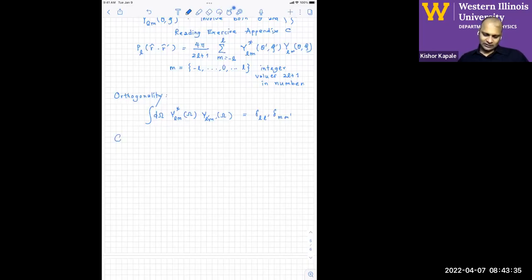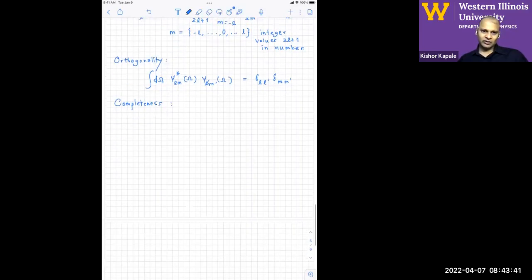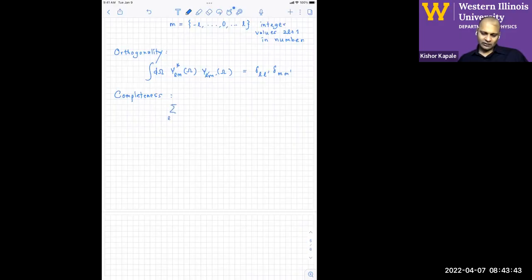And then completeness. Since it has two indices, you have to sum over both of them. So you would be summing over L equal to 0 to infinity, and then for each L, you will be summing over M, which is minus L to L. And then you have YLM of omega, YLM star of omega prime.